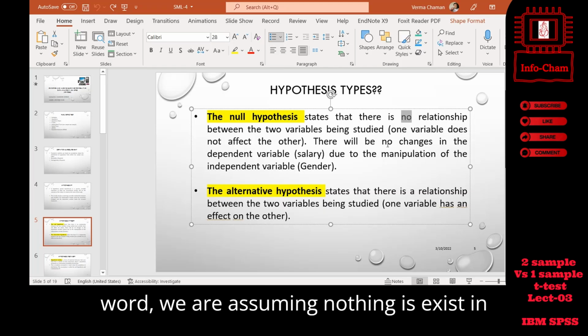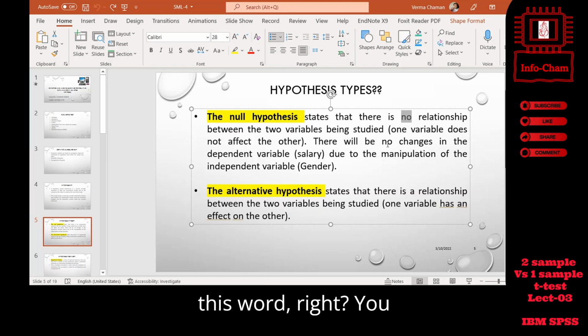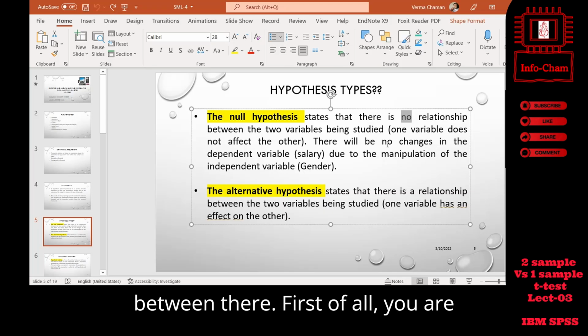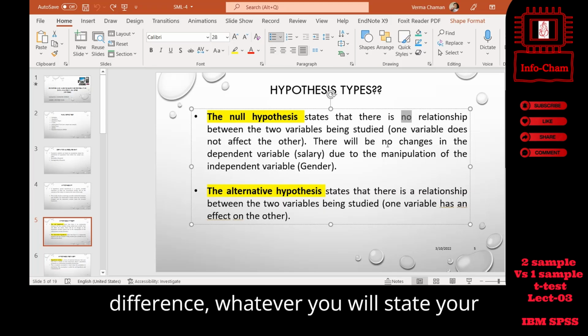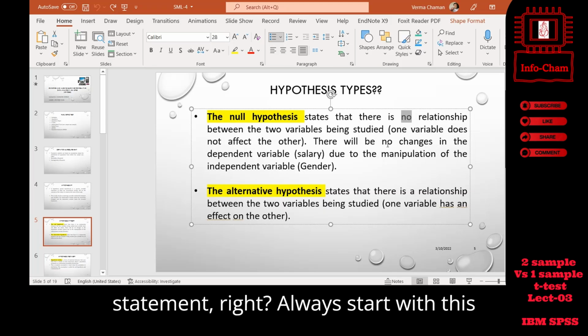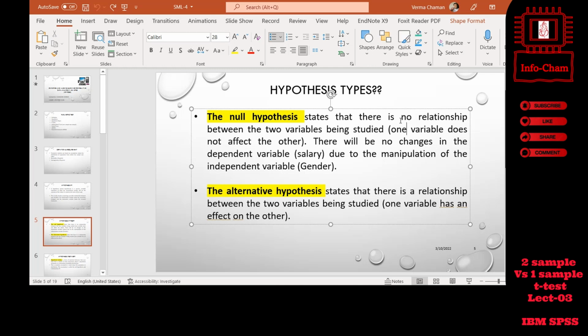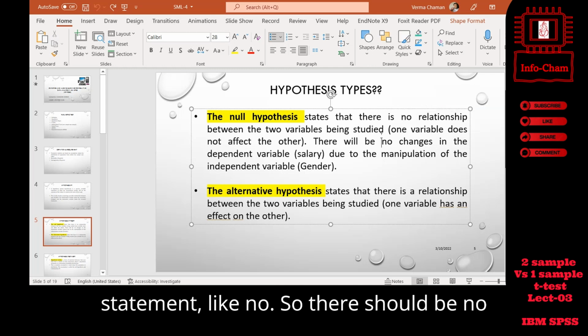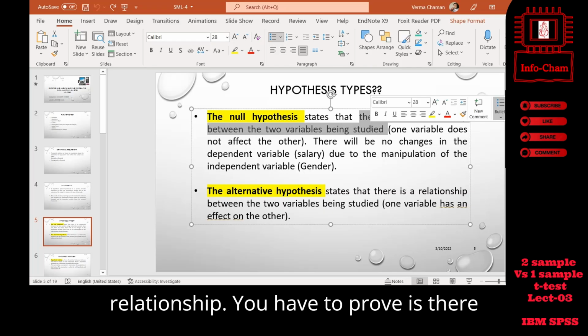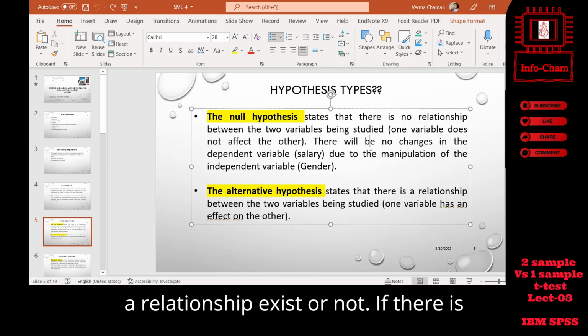We are assuming nothing exists. You cannot say that there is a relationship. First of all, you are assuming there is no relationship or no difference, whatever you state in your statement, right? Always start with a statement like no. So there should be no relationship. You have to prove whether a relationship exists or not.